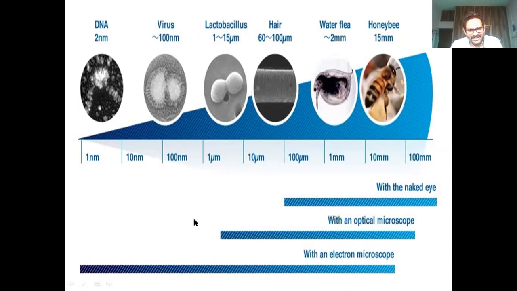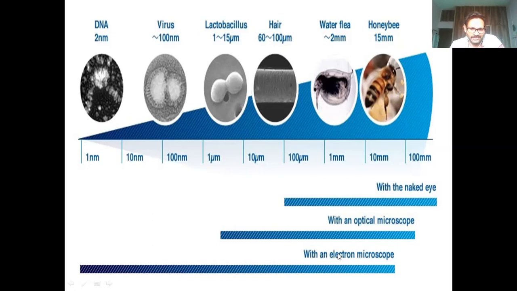To see below this, or up to 1 nanometer size, we normally require a particle whose wavelength is of the size of 1 nanometer or below. That is the size of the electron wavelength, so objects that we can see with the electron.